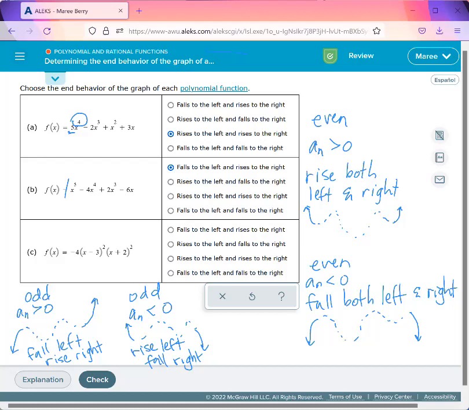In this case, when you multiply these together, you get an x squared here and an x squared here, and multiplying those we get x to the fourth. So it's even and a negative function, so it falls to the left and falls to the right.